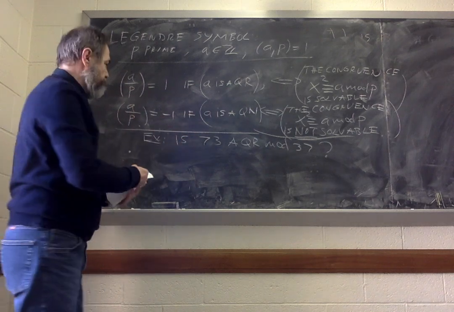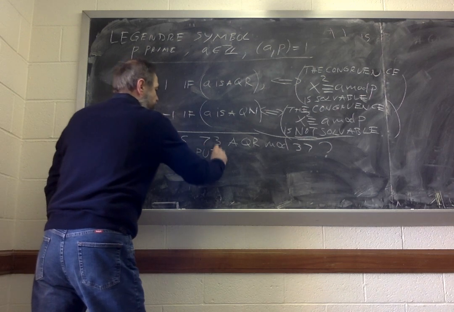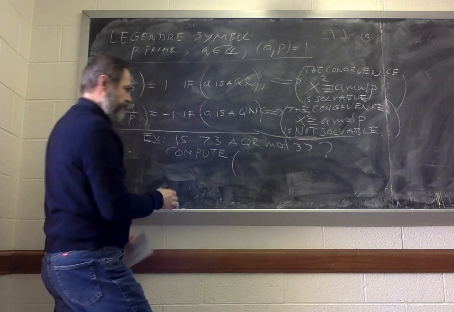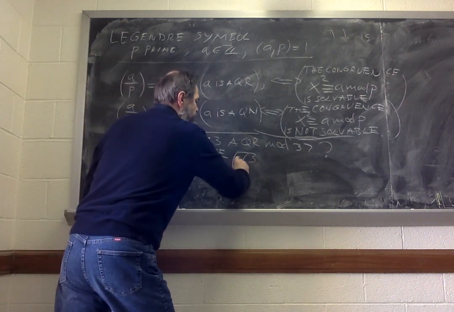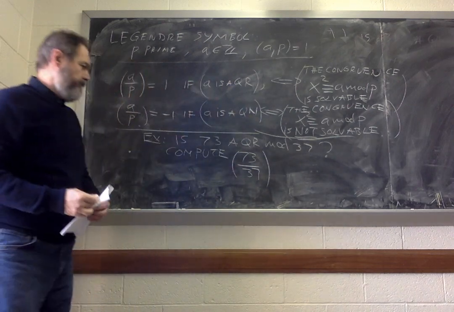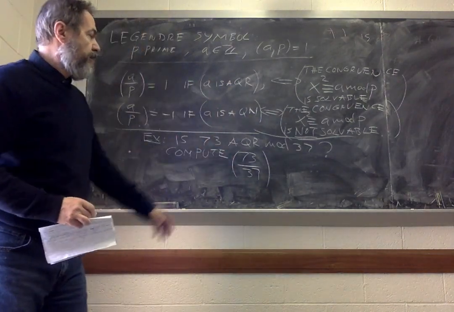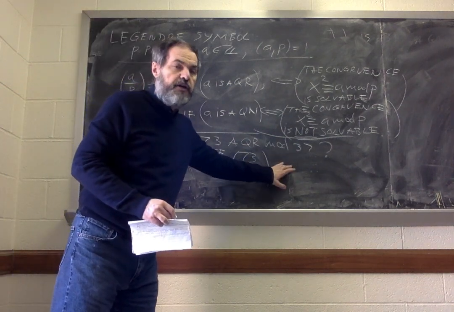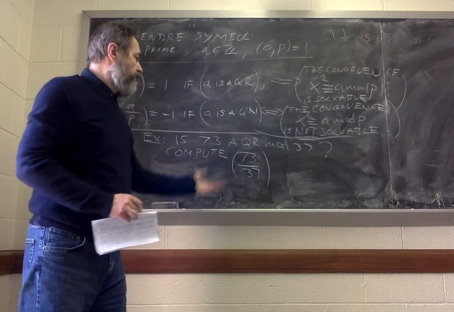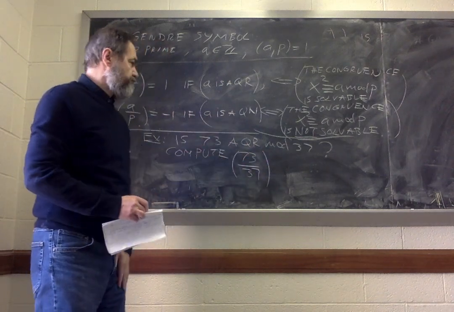I just compute the symbol, 73 over 37, this Legendre symbol. If we find that this is equal to 1, then the answer is yes, 73 is a quadratic residue. If the answer is minus 1, this is a quadratic non-residue.